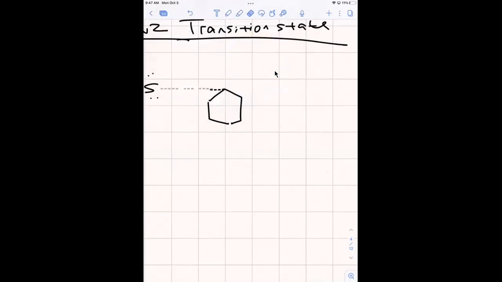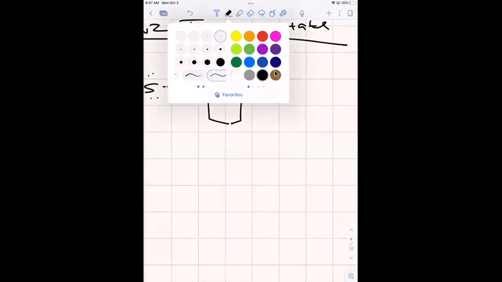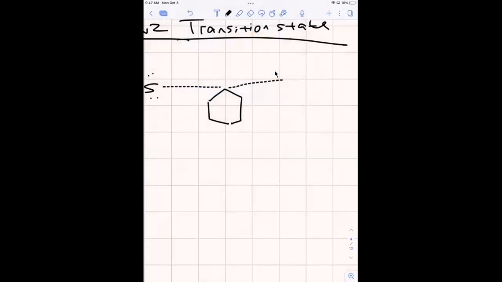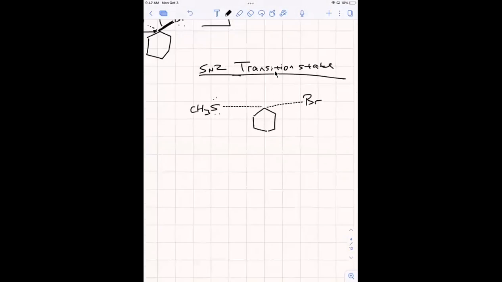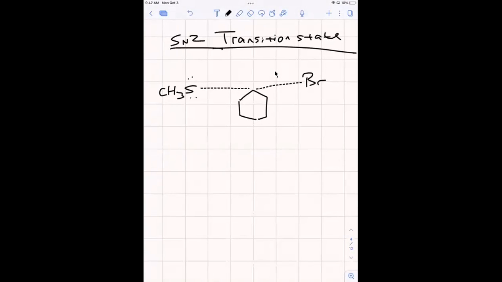That'd be Br right there, and then the sulfur is coming in opposite to that. This is partially negative.